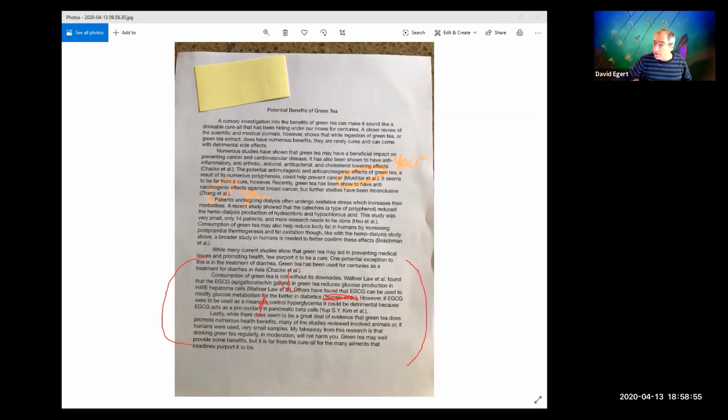So this person here is really good at adding in enough detail that I have a good sense of what exactly they looked at, not just, oh, it's good for you, which is so vague. How, in what way, what evidence did they find that it's actually good for you? So a little bit of detail and not leaving it too vague is a good thing.